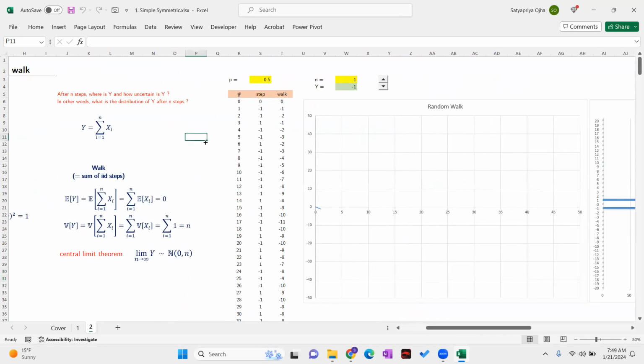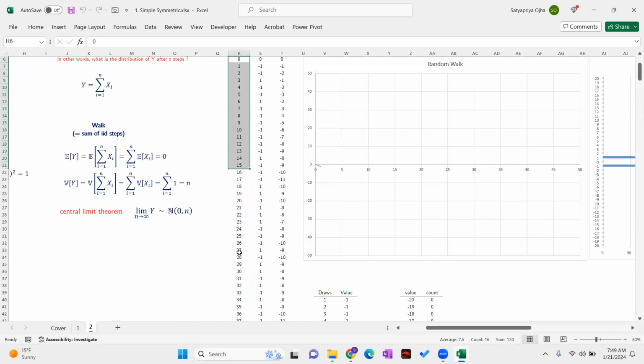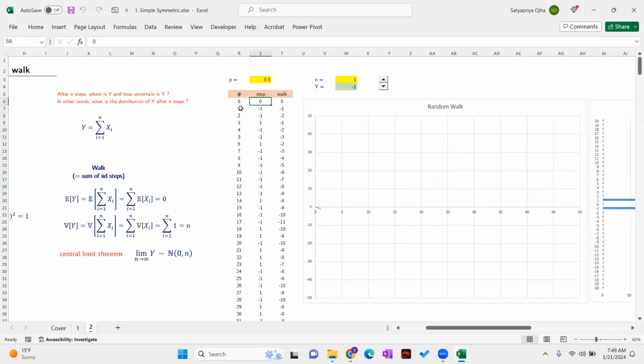So what I have done here is, this is the number of steps I am tracking. And for each step, what is the value of the step size? It could be +1 or -1. That I am modeling using a random number. The probability of up movement is 0.5. Probability of down movement is also 0.5. So I'm just using Excel rand function to check if it is less than P, then +1.